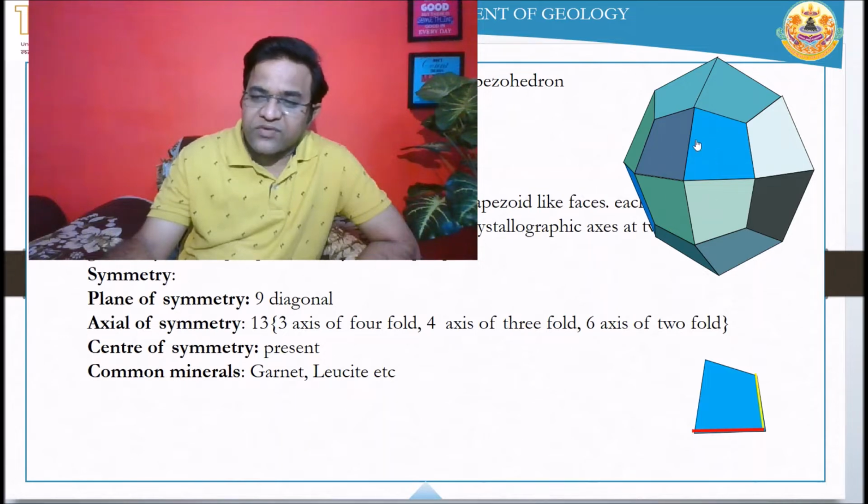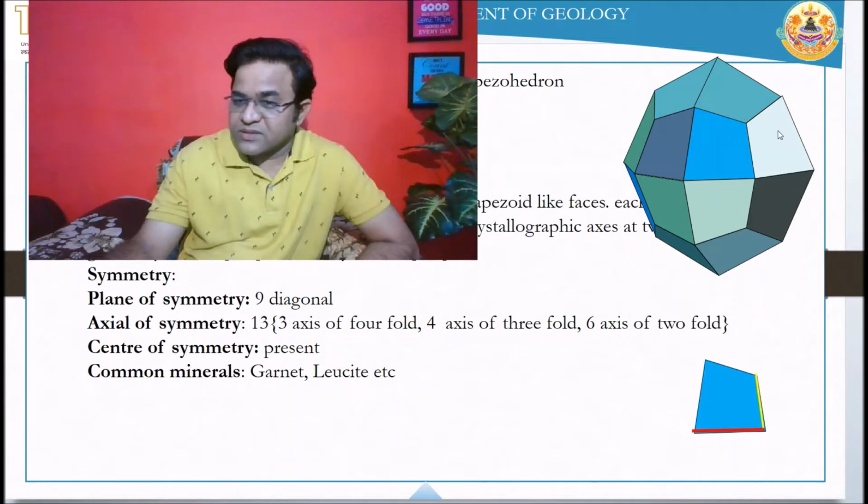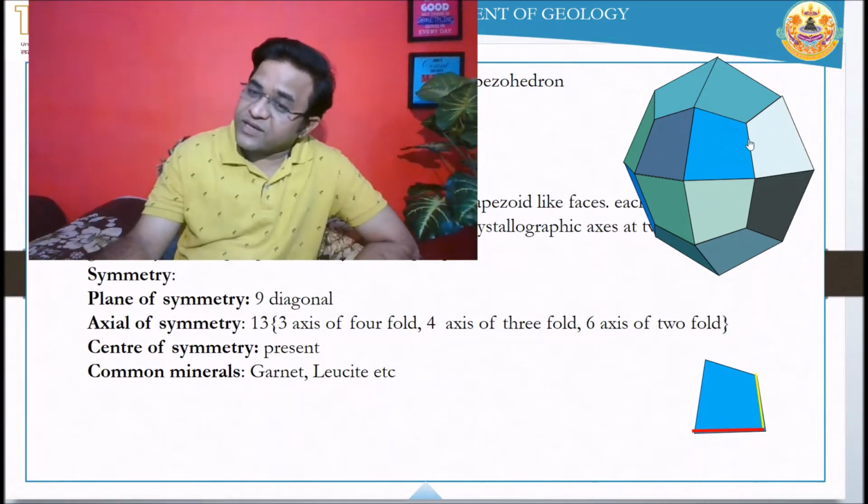So here all 4 longer length sides are meeting; here two longer and two shorter edges are meeting. Again you can see this point, the third one, where 3 equal length shorter edge sides are meeting.